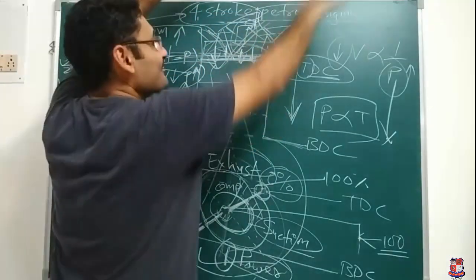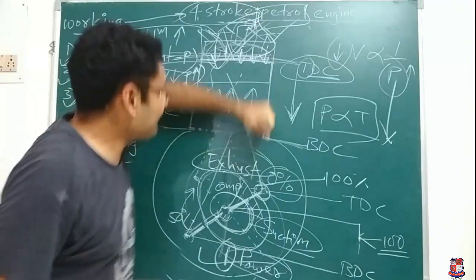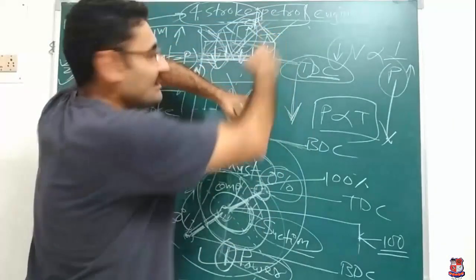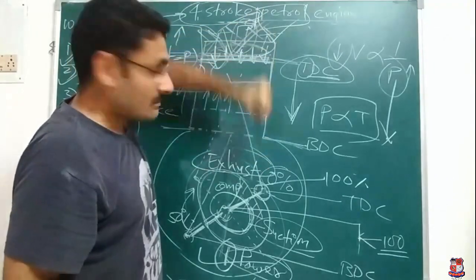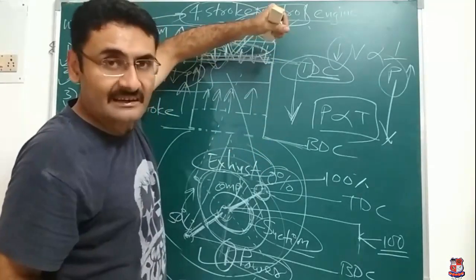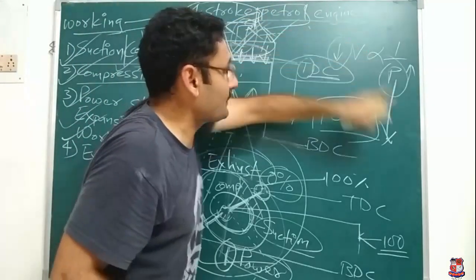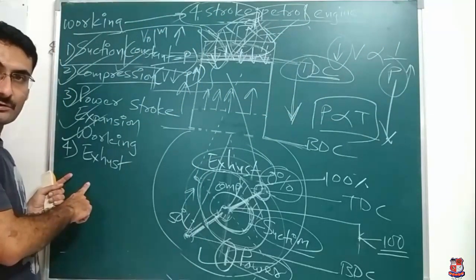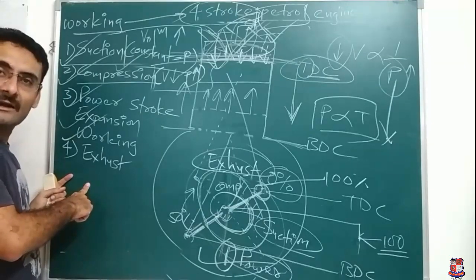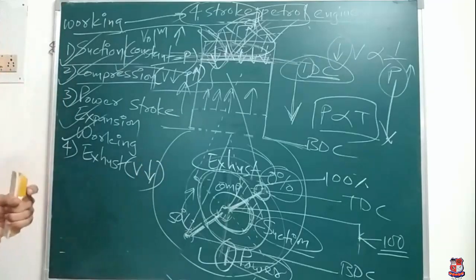As the outlet valve is open, the burnt particles are rejected to the atmosphere when the piston travels from BDC to TDC. How? By decreasing the volume, pressure increases, so the burnt particles are exhausted. So in the exhaust stroke, burnt particles are exhausted, and the volume is decreasing. Clear about that?